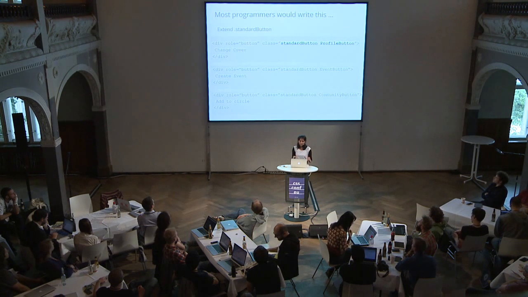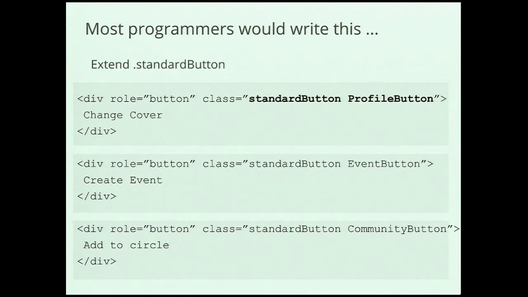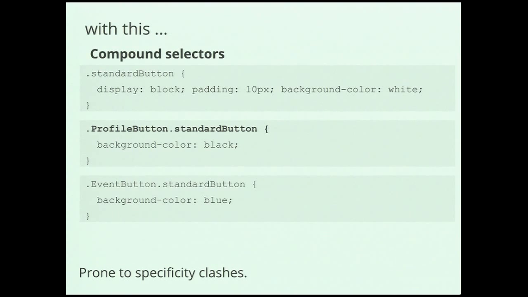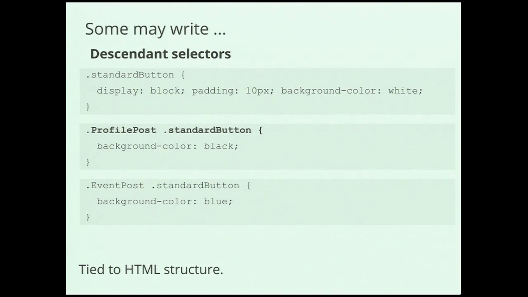The typical way to do this is you should ideally be extending the standard button class with your own context-specific button class. And often, programmers might start out with a compound selector for this. So you would write profile button.standard button. And we've already said that this is not the ideal way to do this, as it's prone to clashes.